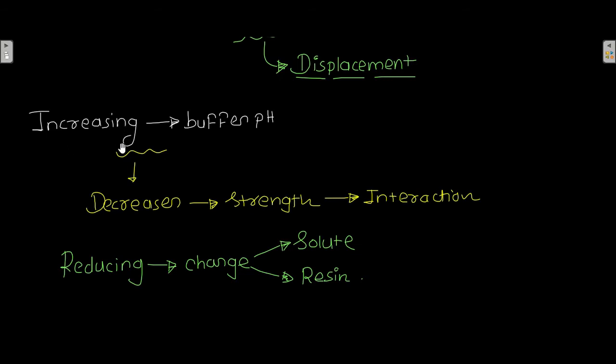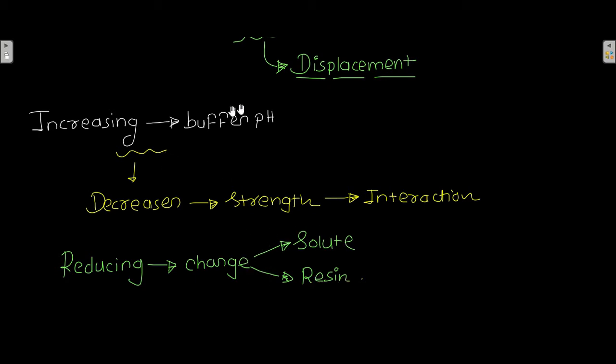When you increase the buffer pH to release the bound solute, the increase in pH decreases the strength of the interaction by reducing the charge on the solute or on the resin. The solute and resins are charged molecules.